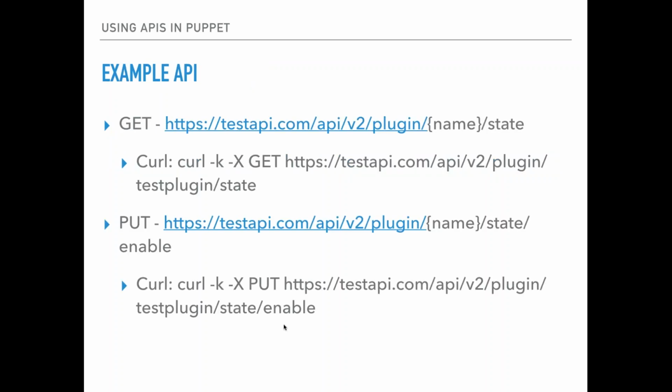And so I'm just going to step through a common example of an API that may be out there. Basically, testapi.com, hitting an API endpoint, in this case version 2. This leads to the next example, which would be a plugin.